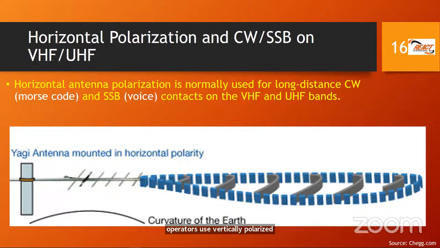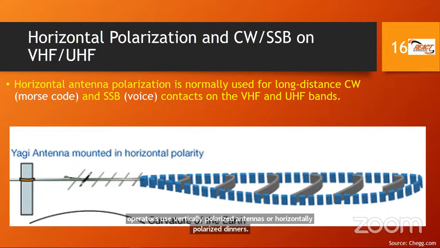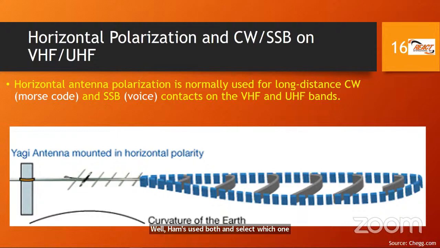Well, hams use both and select which one depending on the application, the frequency, practical considerations, so many other choices to be made. But we need to know for the exam that normally horizontal polarization is used when we are doing long distance CW.